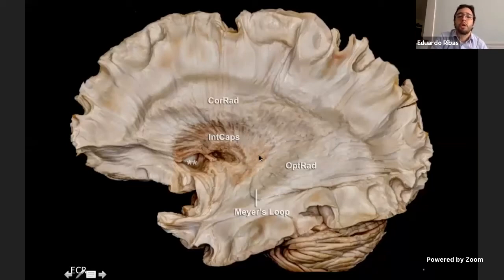So this is the optic radiation, and here it's a loop of some of these fibers inside the temporal lobe, and this is why surgeries addressed to the temporal lobe can give patients optic disturbances, optic functional disabilities, because of harming those fibers here.